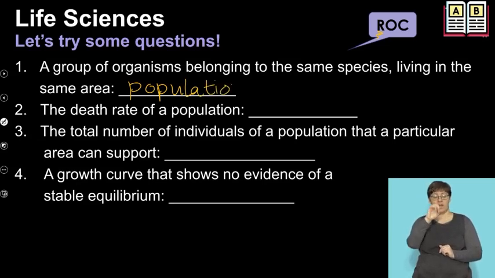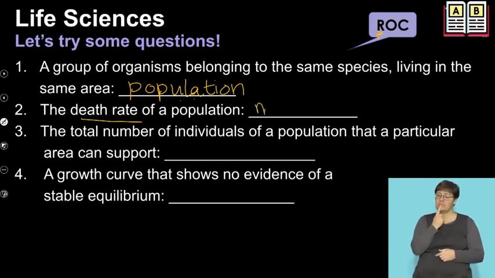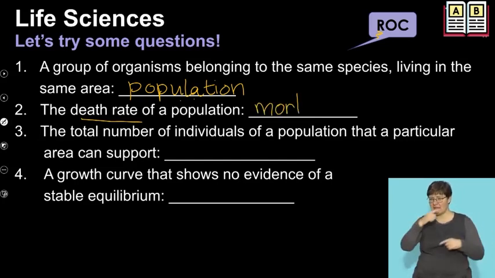I've offered one term, I check that I've spelt it correctly, I'm happy. Next one, the death rate of a population. I've read it. I think the death rate is going to be mortality. And I'm going to check my spelling, mortality. I'm happy with that one.